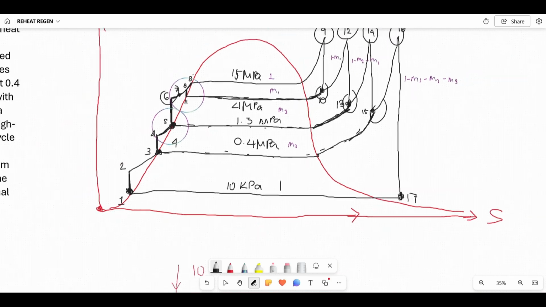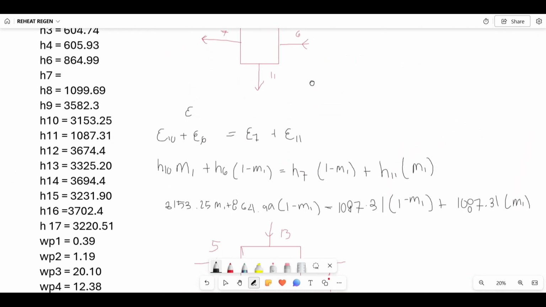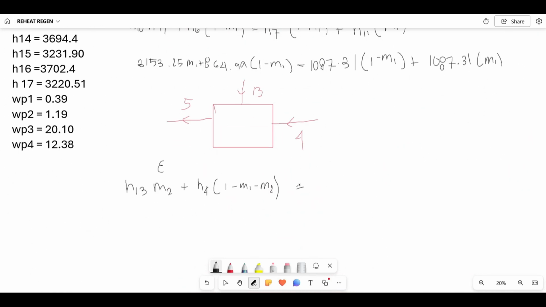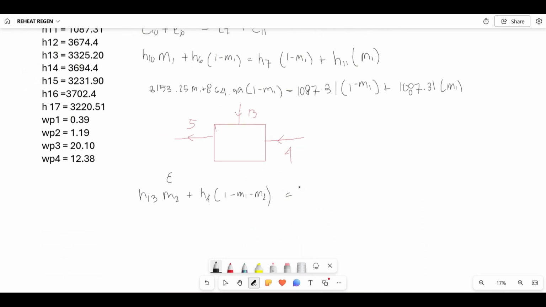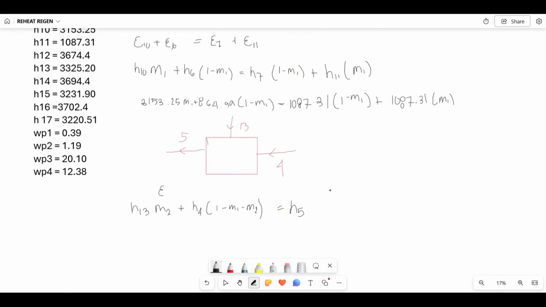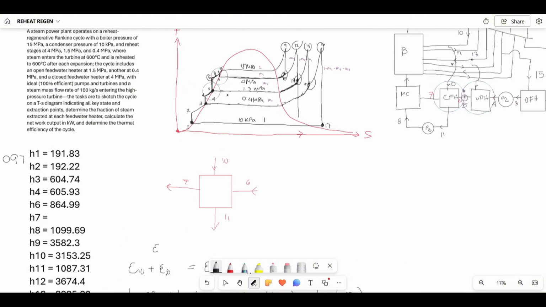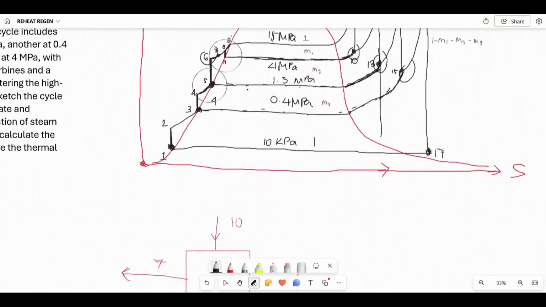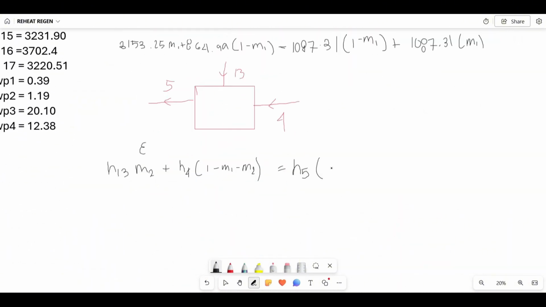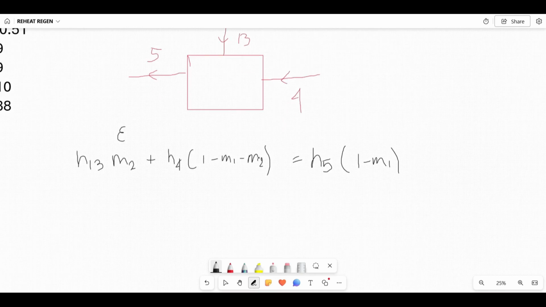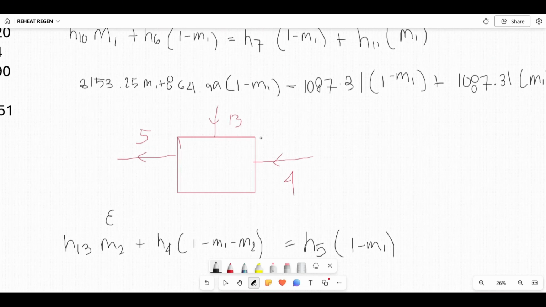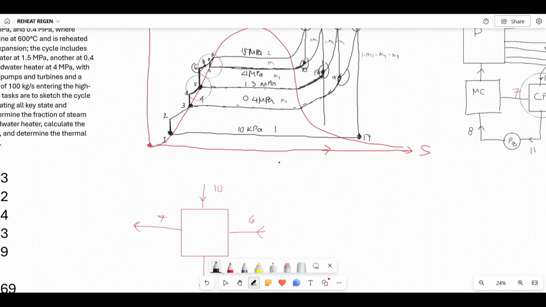Look at 5. 5 is a collection, or let's just complete this one. H5 is equal to 1 minus mass 1. So great. Why is H4 1 minus mass 1 minus mass 2?